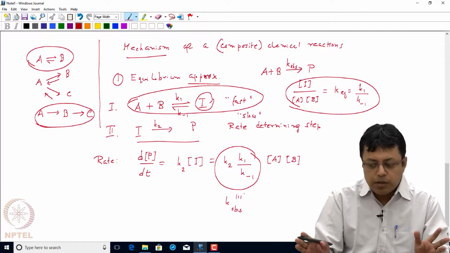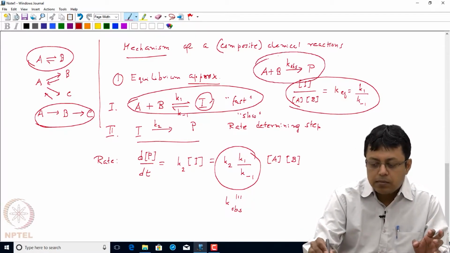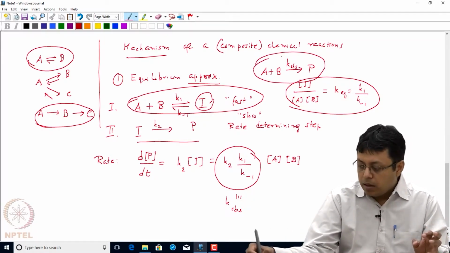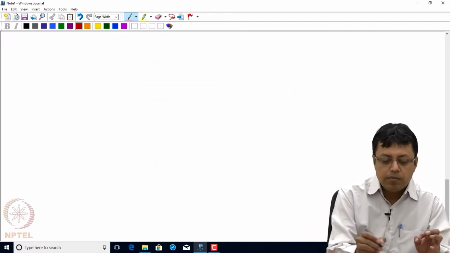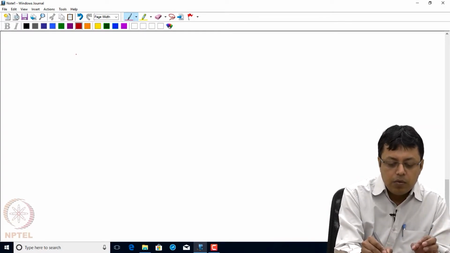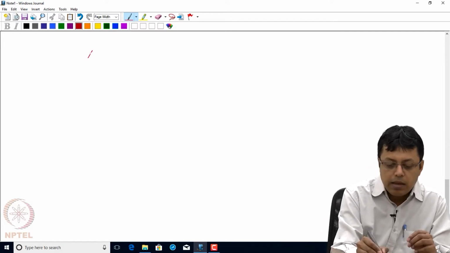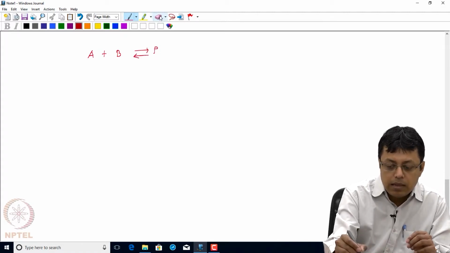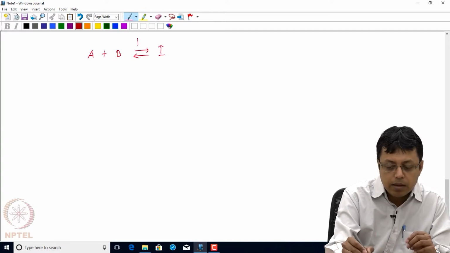Now we could actually explain this mechanism in a very different way, where we'll use the concept which we just discussed, which is the steady state approximation. Here we considered the same kinetic equation, like A and B initially forms an intermediate, and this intermediate also gives back A and B. But here the approximation is slightly different.